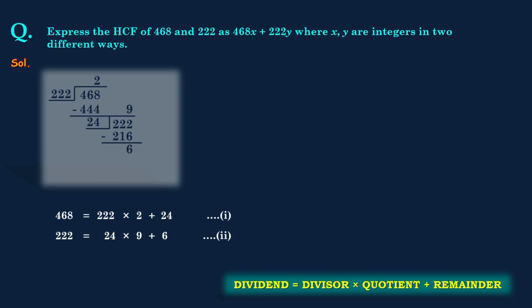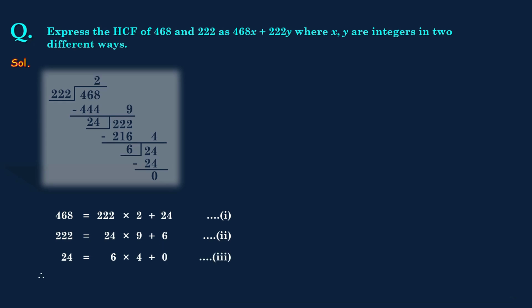Now 6 becomes the divisor and 24 becomes the dividend. 6 fours are 24 and there will be no remainder. So 24 is equal to 6 into 4 plus 0. Since we got the remainder as 0, at this step we stop, and whatever the divisor value is, that is going to be the HCF, as we already know. So the HCF is equal to 6 over here.